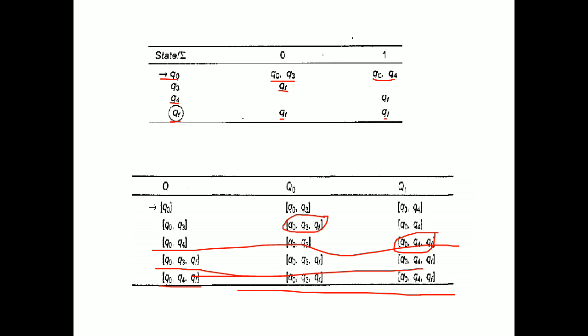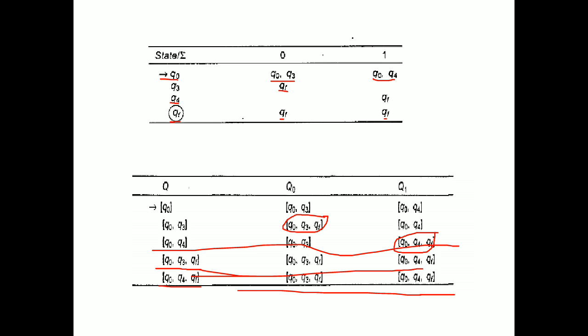If we give 0 input to Q4, we get nothing. 1 input is there for Q4, and if we give 1 to Q4, we reach QF. Similarly for QF, 0 input gives QF, and 1 input gives QF again.